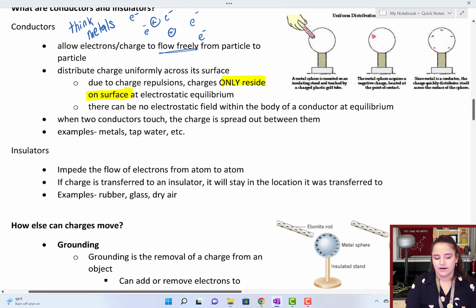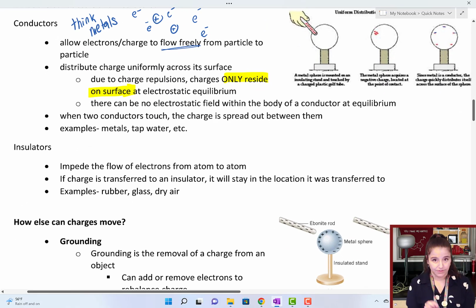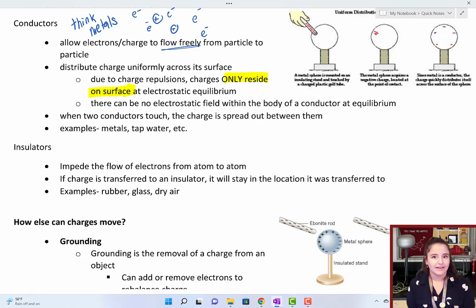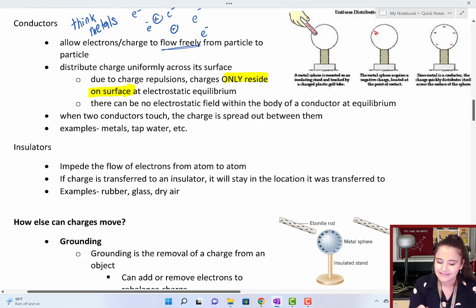Now, insulators are a little different. Insulators impede the flow of electrons, but this doesn't mean that they can't become charged. If you have a really charged object and you touch it to an insulator, it will transfer some of that charge. The only difference is it will stay in the location it was transferred to.